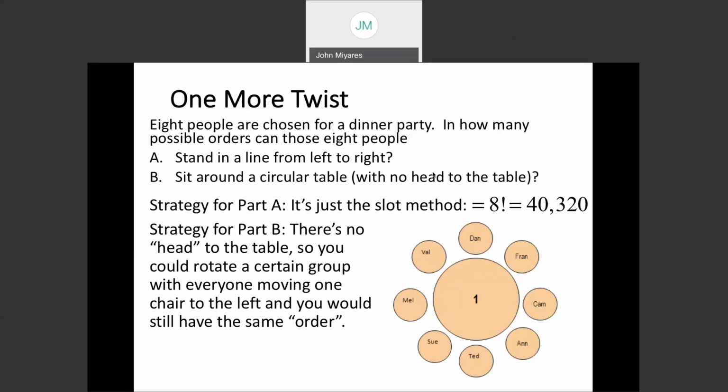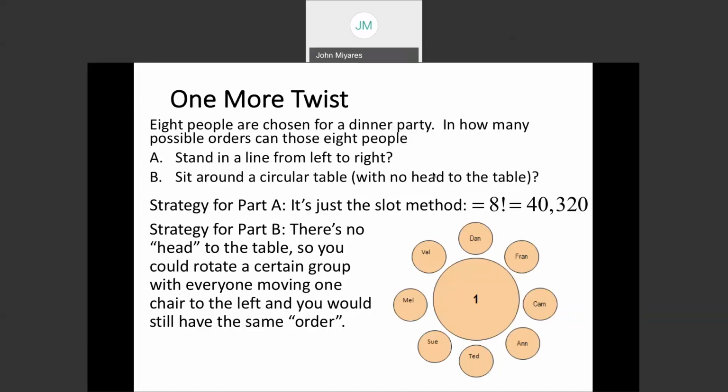So what that means here is that everyone moves one chair to the left. Let's say Dan was sitting where Fran was sitting, and then Fran moves to where Cam is sitting, and so on. They would all be in different chairs, but they'd still be sitting in the same order. The same thing would happen if everyone moved two chairs to the left, or three chairs to the left, or all the way to seven possible rotations from their initial spot.